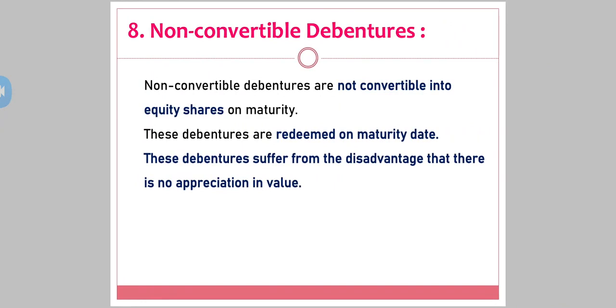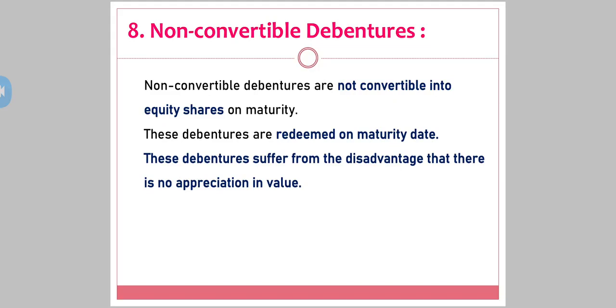Here comes the eighth one, non-convertible debentures, exactly the opposite. Non-convertible debentures are not converted into equity shares on maturity. That means the company is supposed to pay the money back to the debenture holders. These debentures are redeemed on the maturity date, paid off by the company.